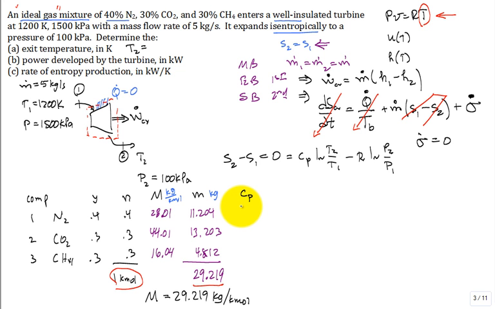Okay. So what I said was, I need to get the C sub P of the mixture. And then I need to get R of the mixture. And then I can solve for this T2 in this expression right here, because it's the only thing I don't know. I know T1, I know P1, I know P2.